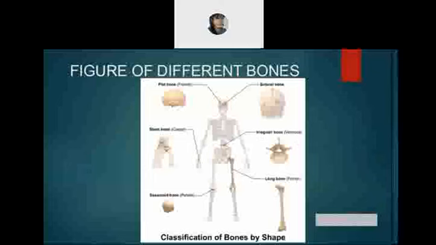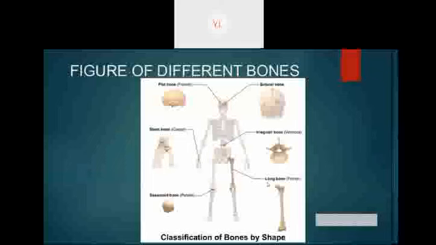And the shape is like this. They're zooming in, and this picture has come up. Irregular bones are found in the vertebra. Shall we move to the next bone?